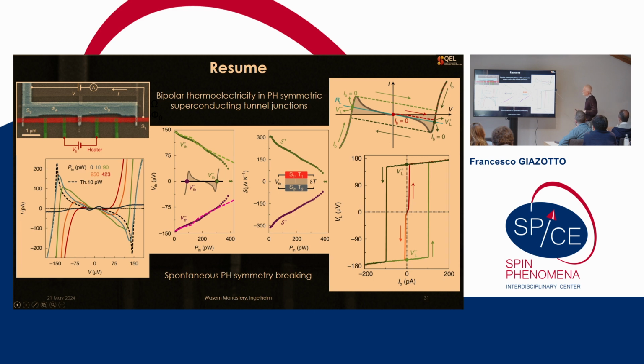This system here implements as well the concept of an engine, where we can deliver power of the order of some tens of femtowatt. It's just limited by the tunnel junction transmissivity, let's say, tunnel junction resistance. And at the same time, this implements the prototype of a non-volatile thermoelectric, the first non-volatile Josephson-based thermoelectric memory cell.